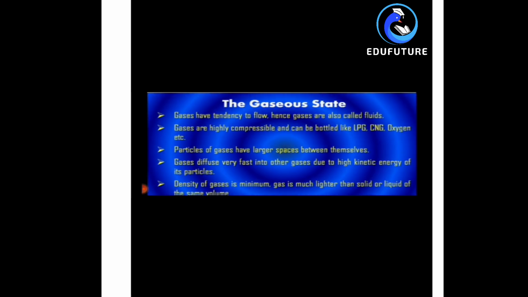The gaseous state. Now, what is this gaseous state? Gases have a tendency to flow. Hence, gases are also called fluids. So that means liquids are also fluids. Gases are also fluids.